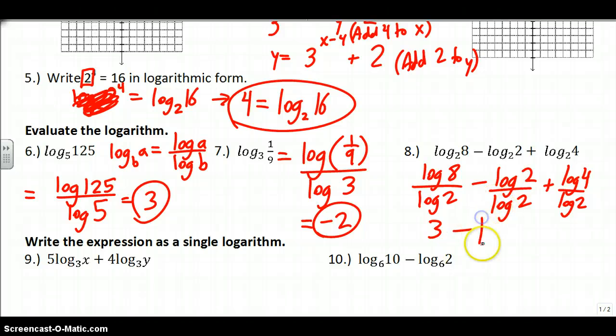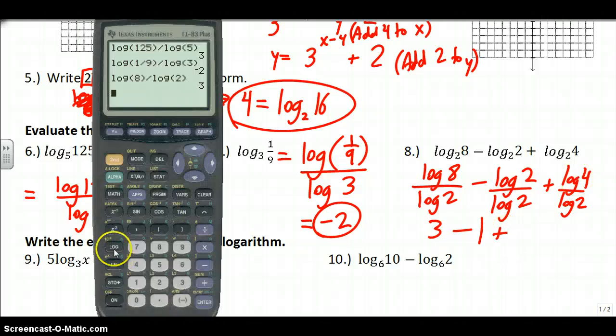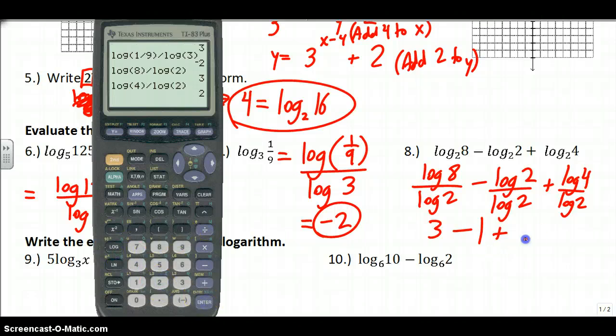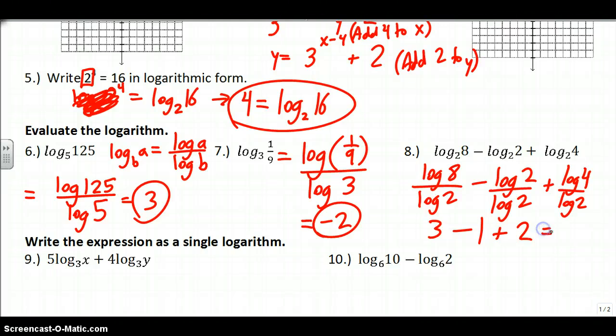That's easy enough. You don't even have to have a calculator for that. It's 1. And log of 4 divided by log of 2, I think, will be 2. And then it just becomes a matter of, can you add and subtract? 3 minus 1 is 2, plus 2 is 4, is your final answer.